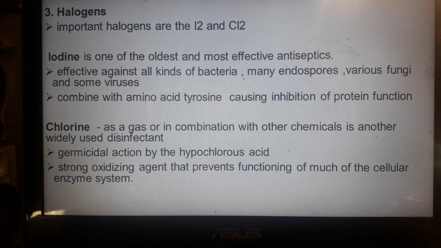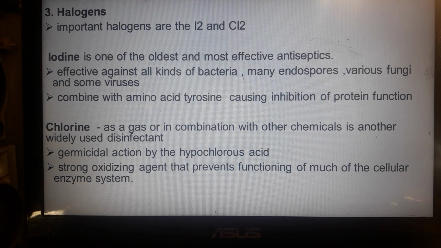Most of the cells of bacteria contain protein, especially in the ribosomal part. So protein tends to combine with iodine at tyrosine, which inhibits the protein functions of the different microorganisms.